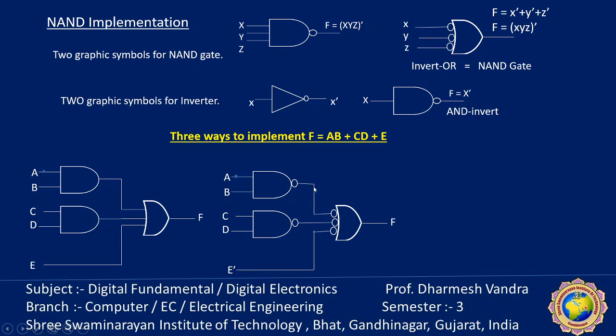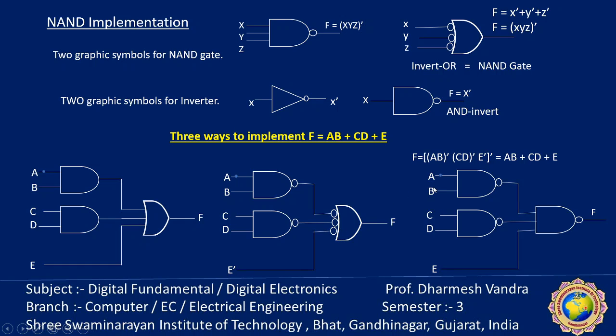Why do we do this? Because now you can see this looks like an invert-OR. So we can replace this OR gate, or invert-OR gate, by a NAND gate in this way. So the whole function is (AB) whole dash here, (CD) whole dash here, and E replaced by E dash, so E dash whole dash becomes E by De Morgan's theorem.